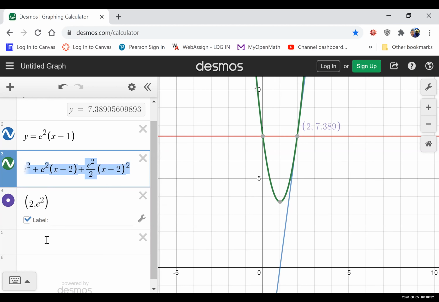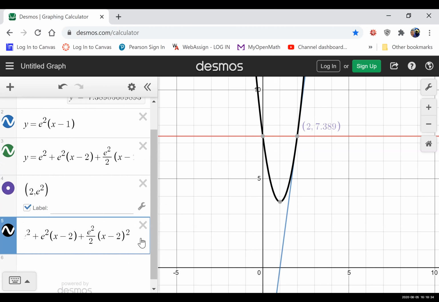Control C, Control V, and then what I'm going to do with this is add on my third term. This is going to be a cubic, right? So this is going to be e squared over 3 factorial, which is 6. So this is e squared over 6.